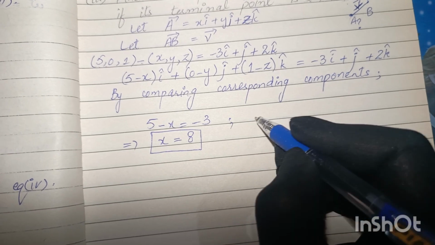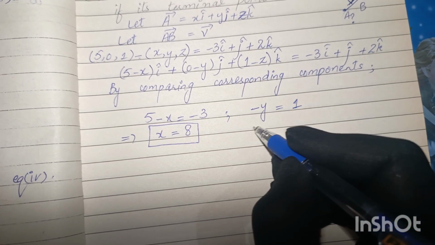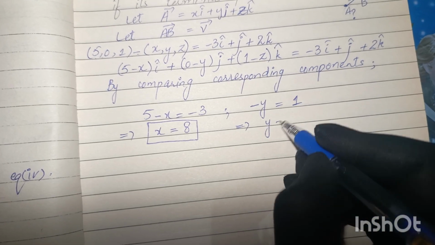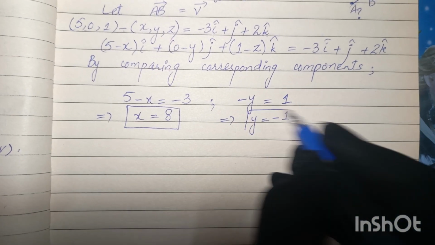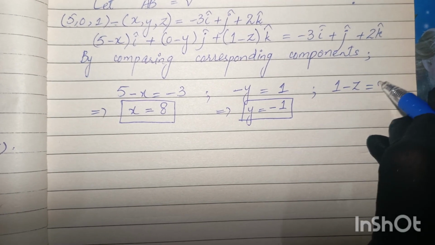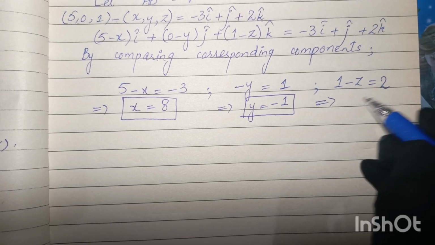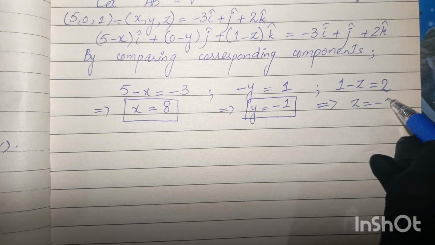And next, minus y is equal to 1, and y is equal to minus 1. And the third component is 1 minus z is equal to 2, so z is equal to minus 1.